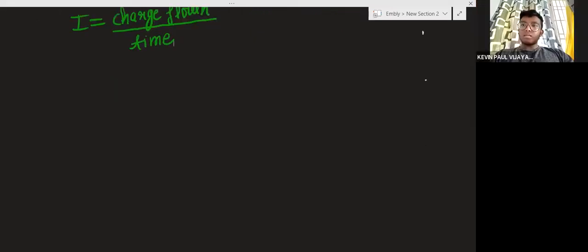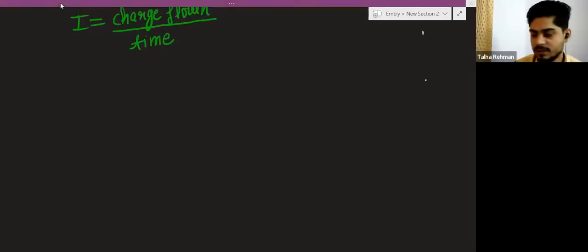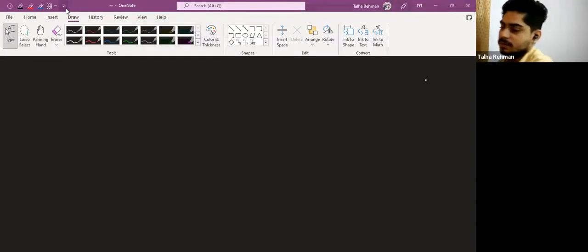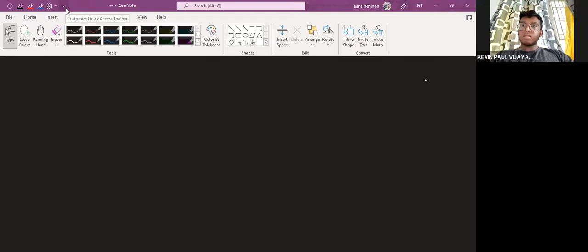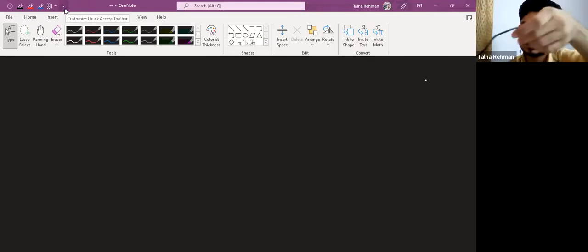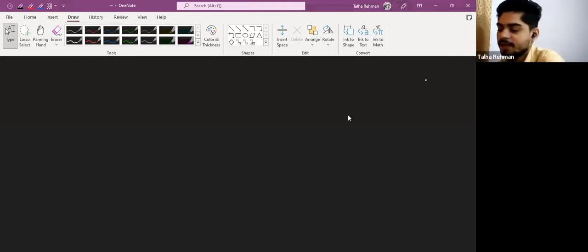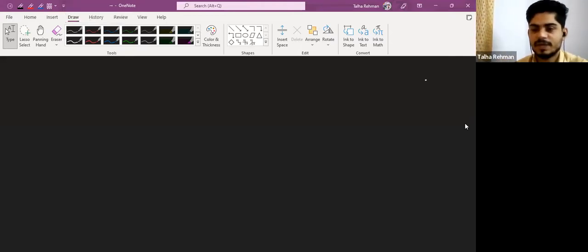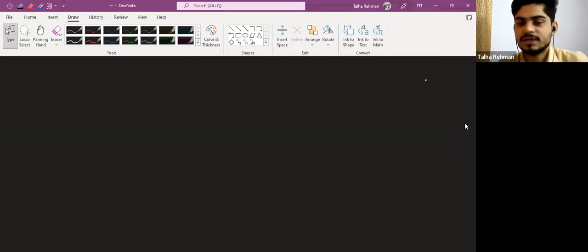Suppose this is the conductor here. This is the wire, and in this wire the current is flowing right now. This is the conductor, and conductors allow current to flow.